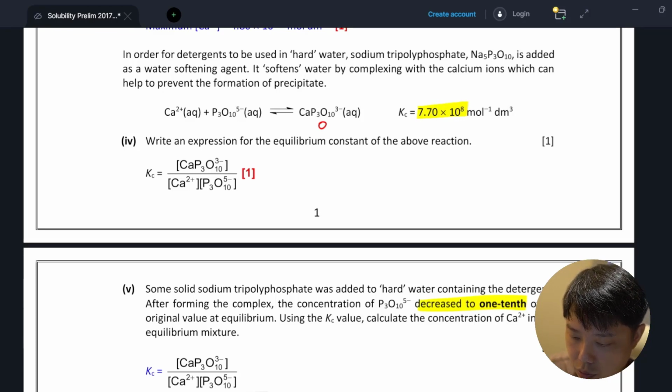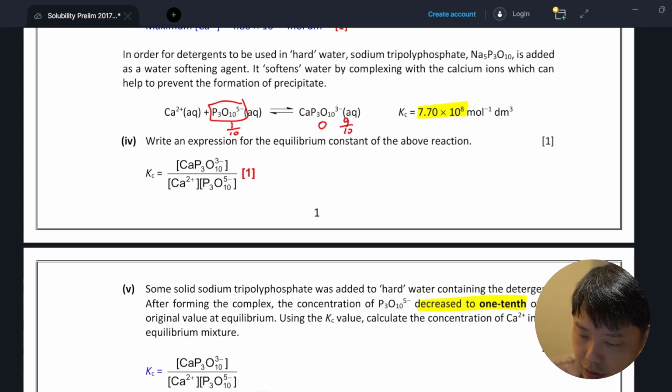After you add in this sodium tripolyphosphate, this anion decreased to 1/10 of its original value, which means that 90% of it converted to calcium complex.